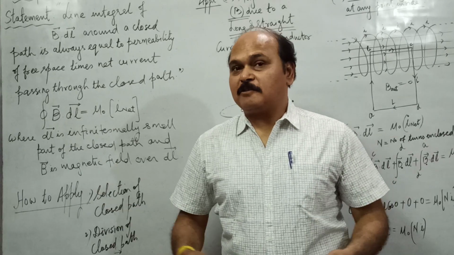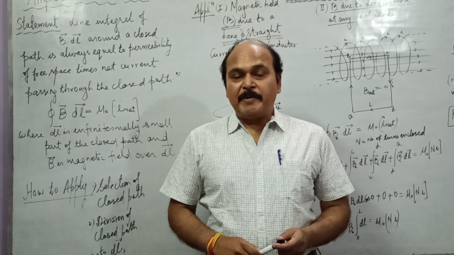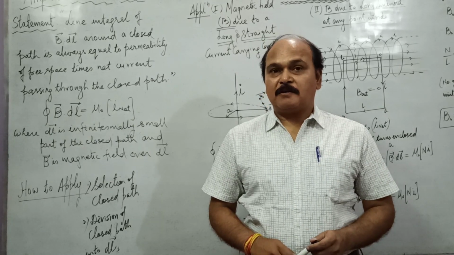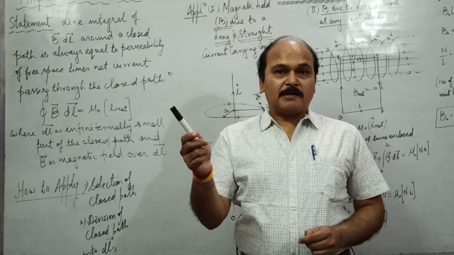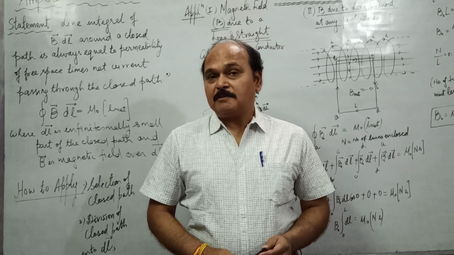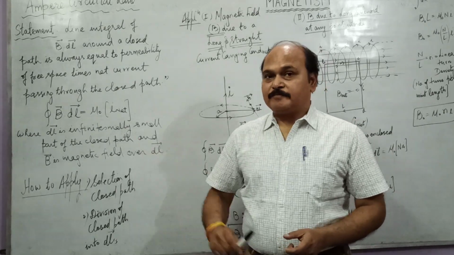And how do we apply this law? When we apply this law, we first of all make a closed path passing through the point where we need to find out the magnetic field. Because of the current carrying conductor, at whichever point we wish to find out magnetic field intensity, we first make a closed path passing through that particular point.